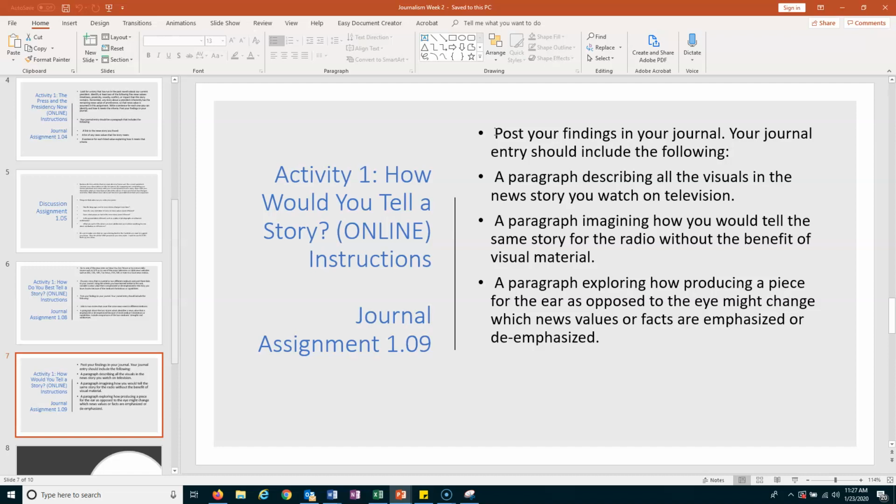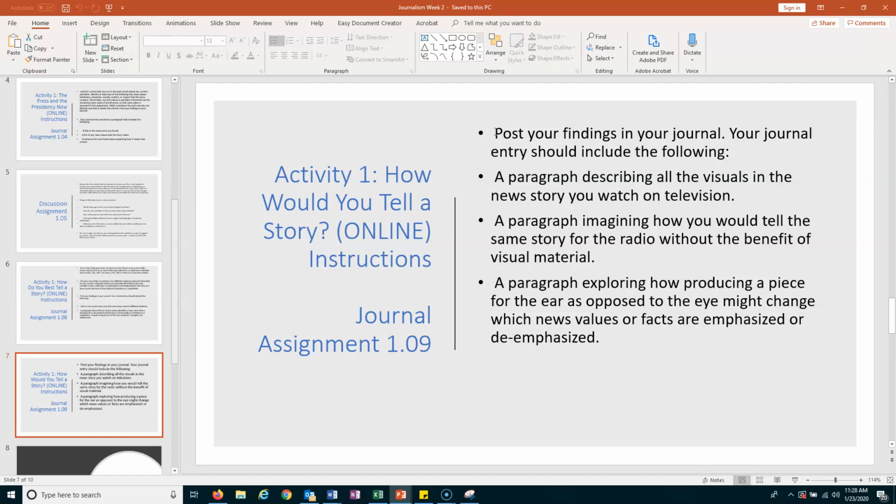So basically, you are going to get to pick any news story you want on TV. That means you're going to sit down and watch the 6 o'clock news or the 11 o'clock news, and you can watch a 2 minute news story about something in your area, about President Trump, about something national, whatever you want.